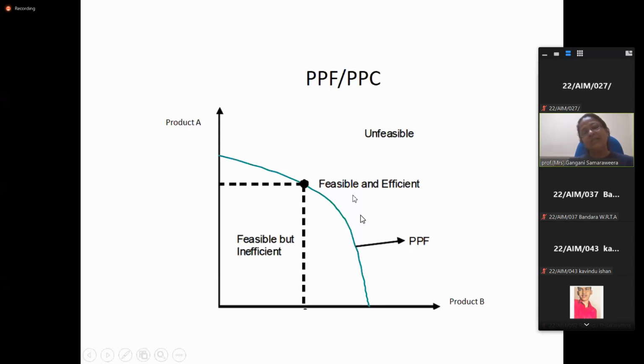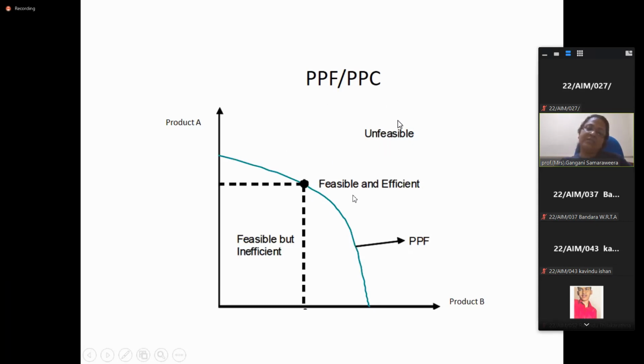Now, is it clear, the explanation of this graph? Two products are there, efficient points are there on the line. In between, inside the graph, it is feasible because inputs are there, but inputs are not combined in a maximum way to produce efficient output.